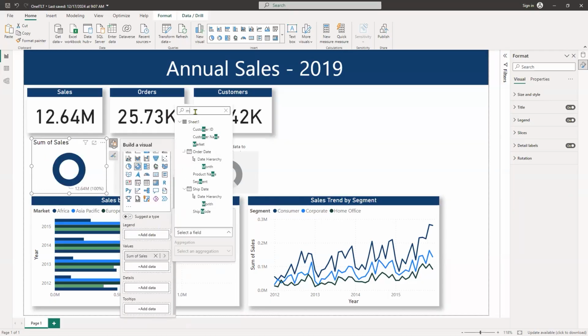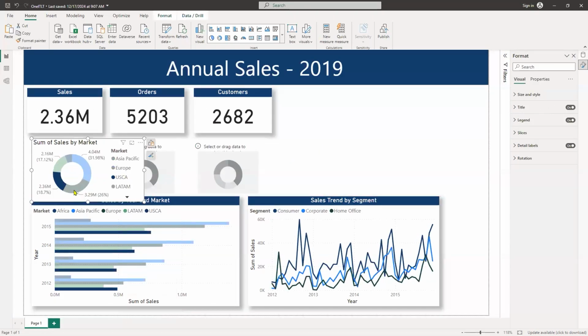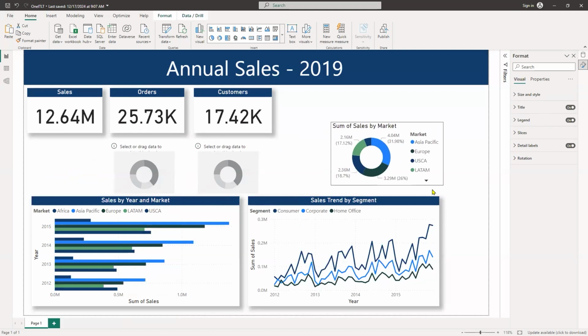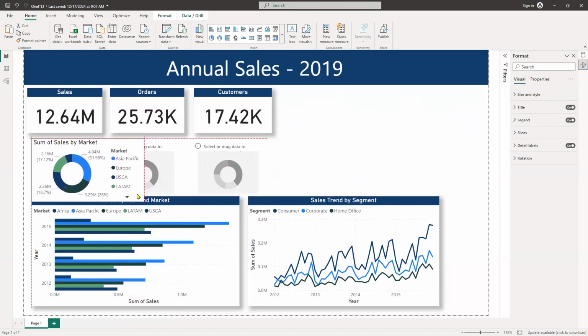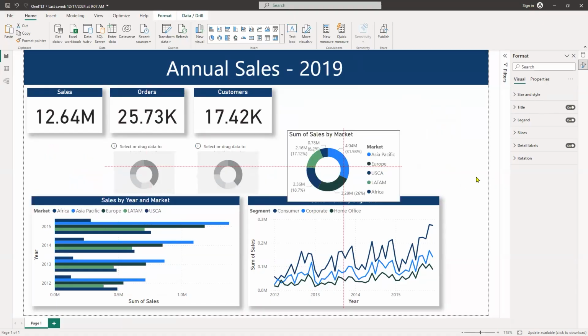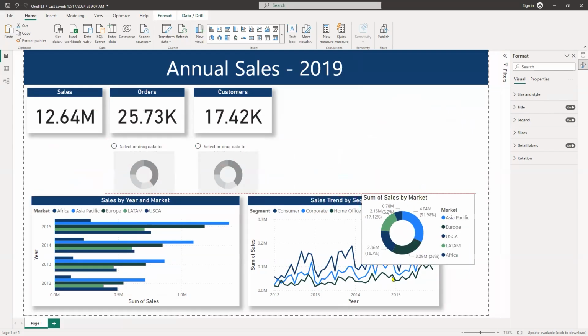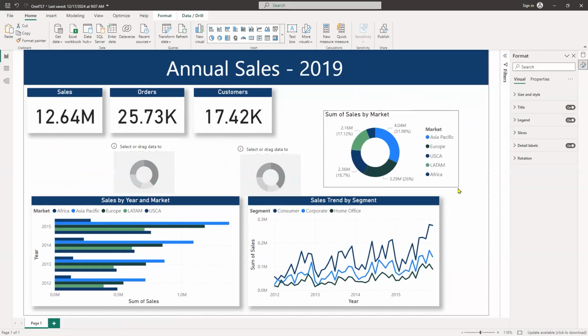So we can add market here. So nothing but market wise total share, overall share. It is basically driven by Asia Pacific again, which is very much clear. 44.39%.